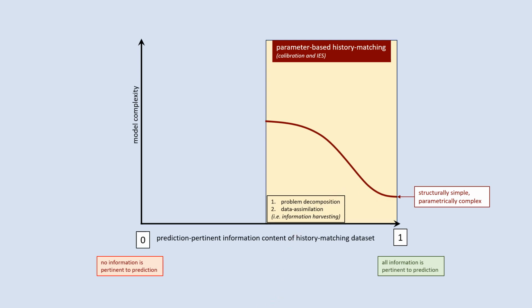This is where I can use parameters to extract information from data and convey it to predictions. Right over here, where my predictions are data driven, I can use a structurally simple, parametrically complex model. Fit first, ask questions later.